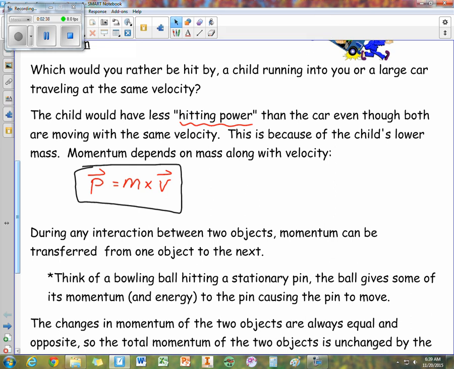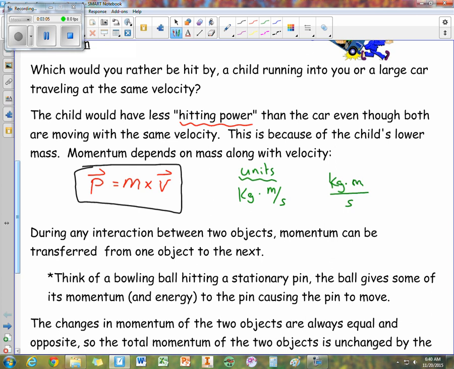Now, the units for momentum: we have mass, that's kilograms, and velocity is meters per second. So the units will be the kilogram meter per second.